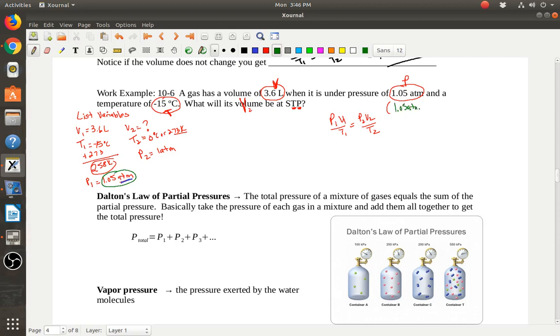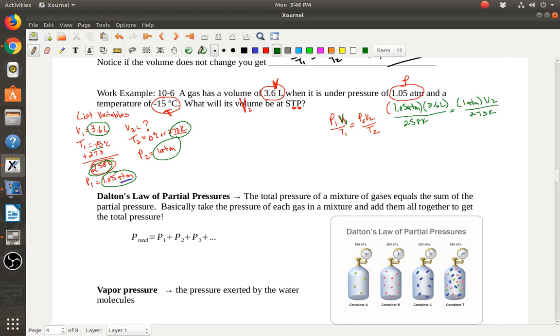And then this is V1, 3.6 liters. Over T1, 258 kelvins. P2, 1 atmosphere. V2 is my unknown. And T2 is 273 kelvins. By doing this, I make sure I've used the right numbers in the right spots and I've used all of them over here.